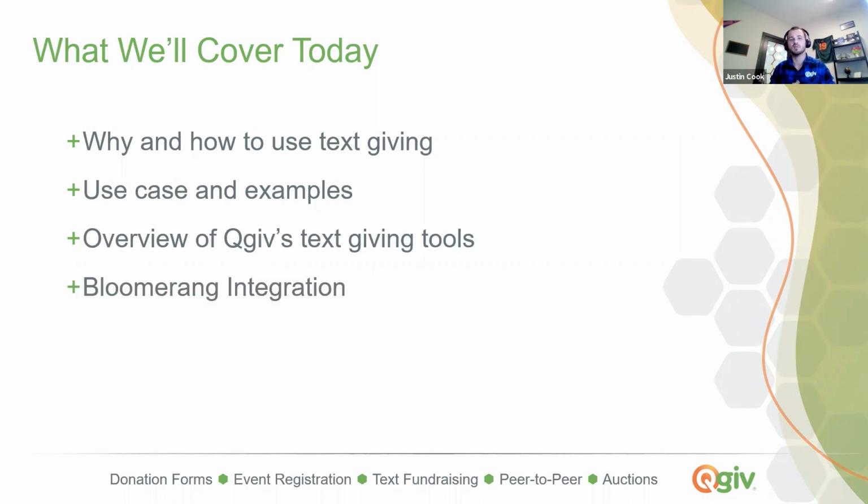We'll look into the Bloomerang integration with Qgiv and how we can map over the different campaigns that you'll be running through the Qgiv platform into your Bloomerang account. We'll go over the pricing and support that we offer here at Qgiv for all of our different packages, including our text giving tools. And we'll have a Q&A section here at the end so that we can answer any of your questions about any of our tools or about Qgiv in general, or Bloomerang as well with Diana.